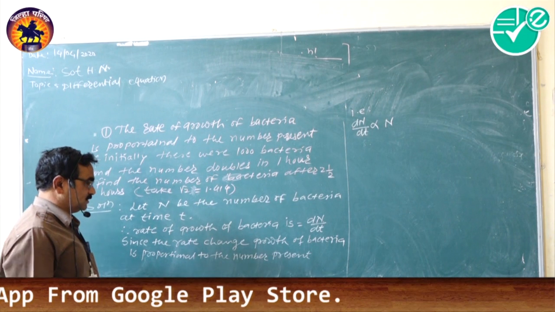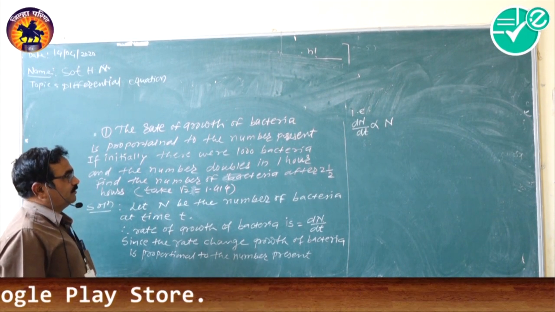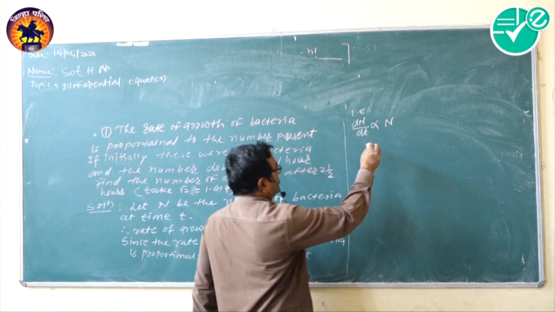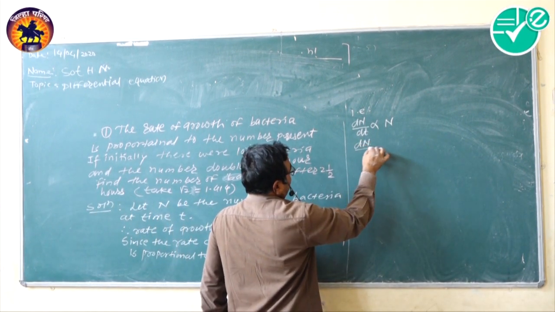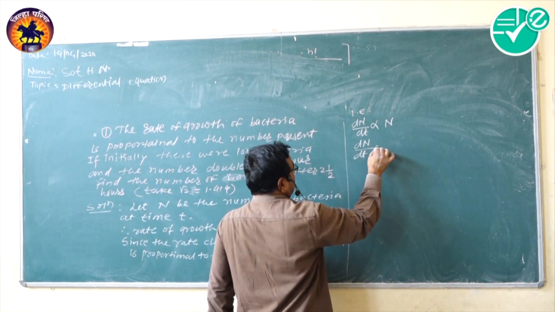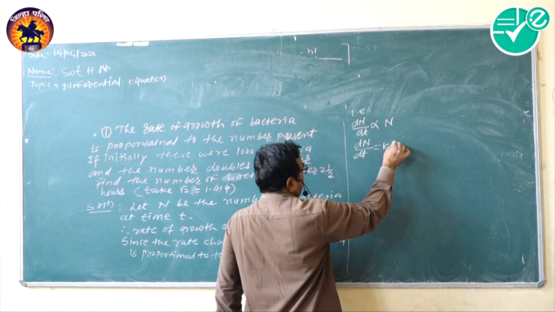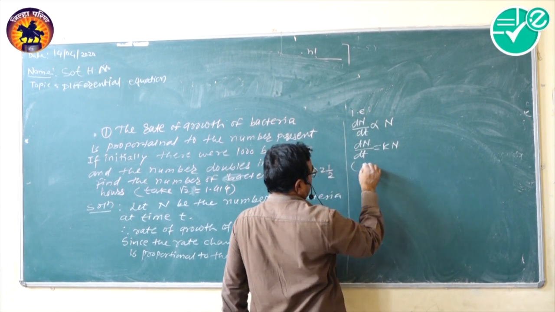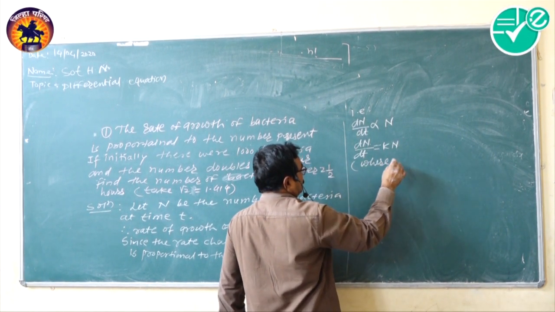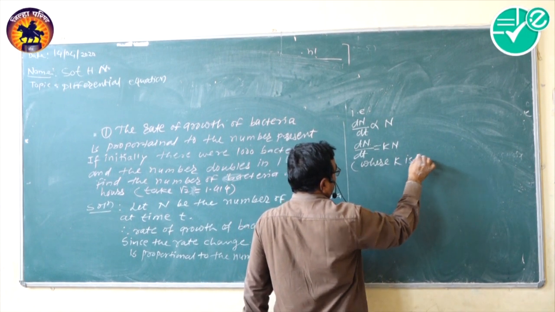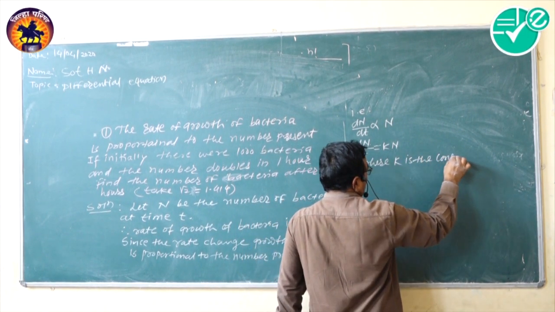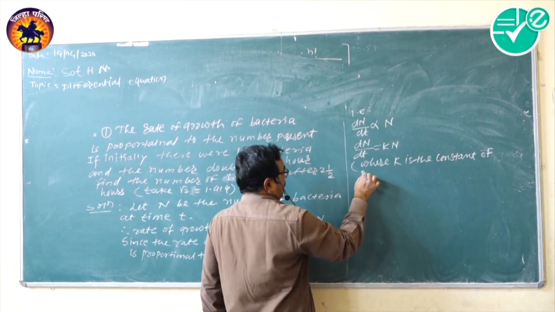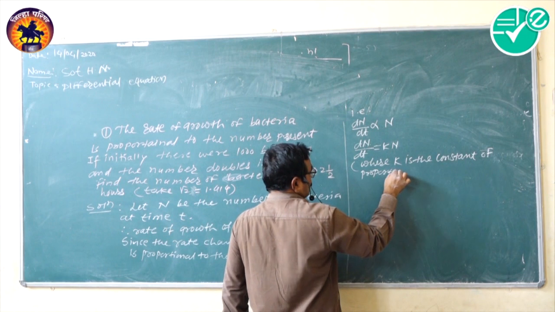Capital N represents the number of bacteria present. Then dN by dt equal to k into N, where k is the constant of proportionality.